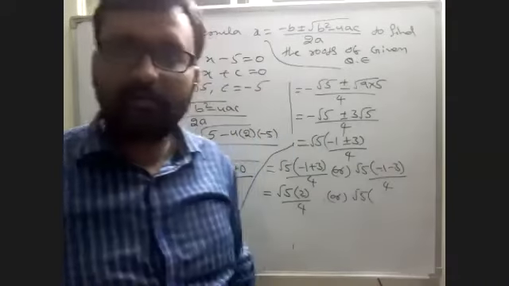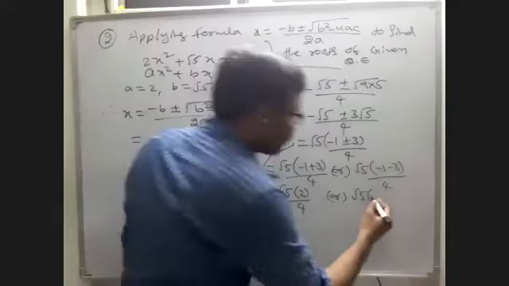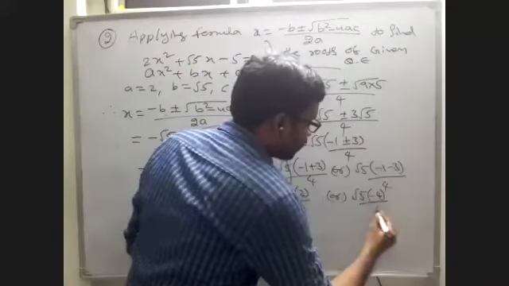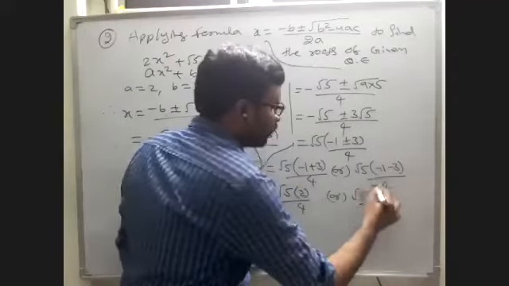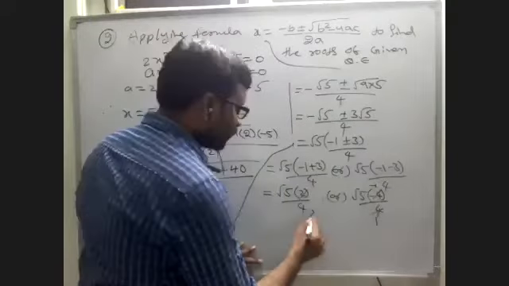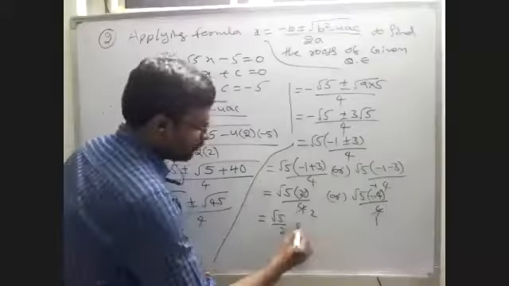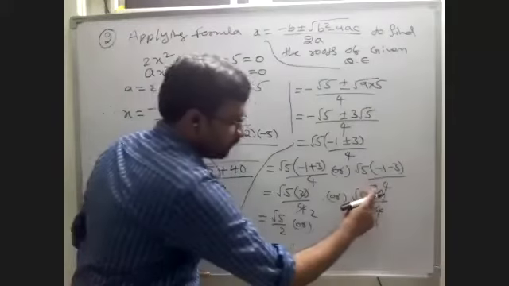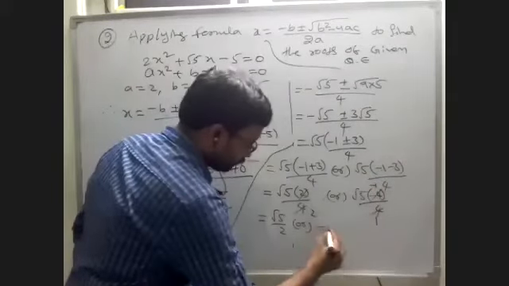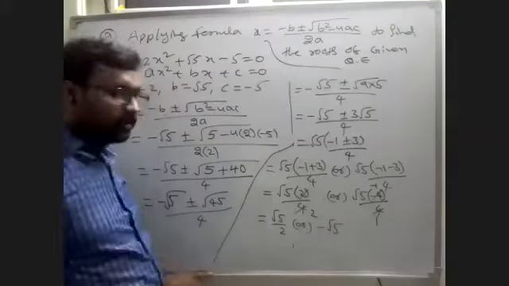Ah, minus 4 by 4. 2 ones are 2, 2 twos are 4, so this is equal to root 5 by 2, or this is equal to minus 1 into root 5, minus root 5. What about this?